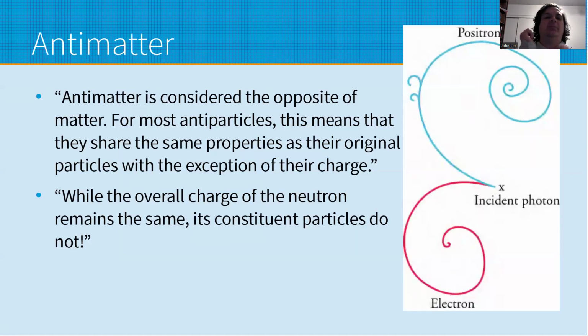So antimatter is considered the opposite of matter. I only studied antimatter very briefly, like maybe 20 minutes of one class in my education.